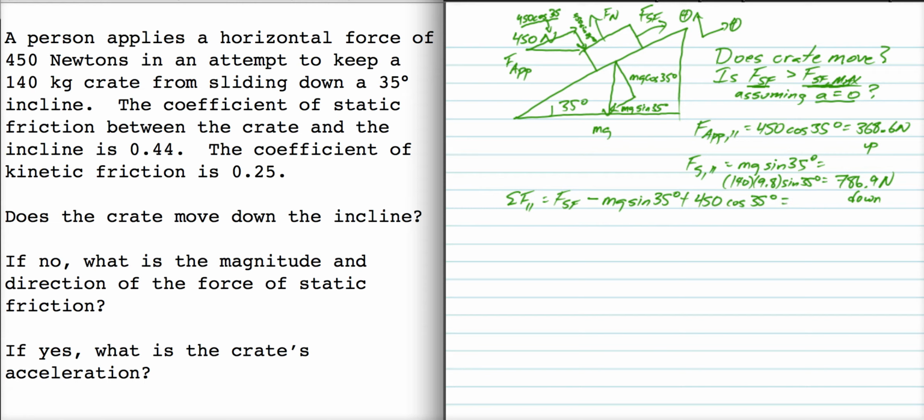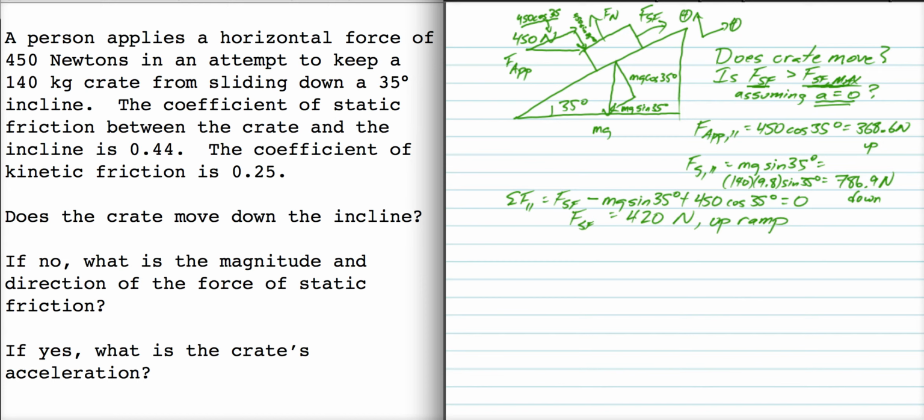That has to sum to 0 because we're assuming the acceleration is equal to 0. Solving for the force of static friction, I get 420 newtons in a direction up the ramp.